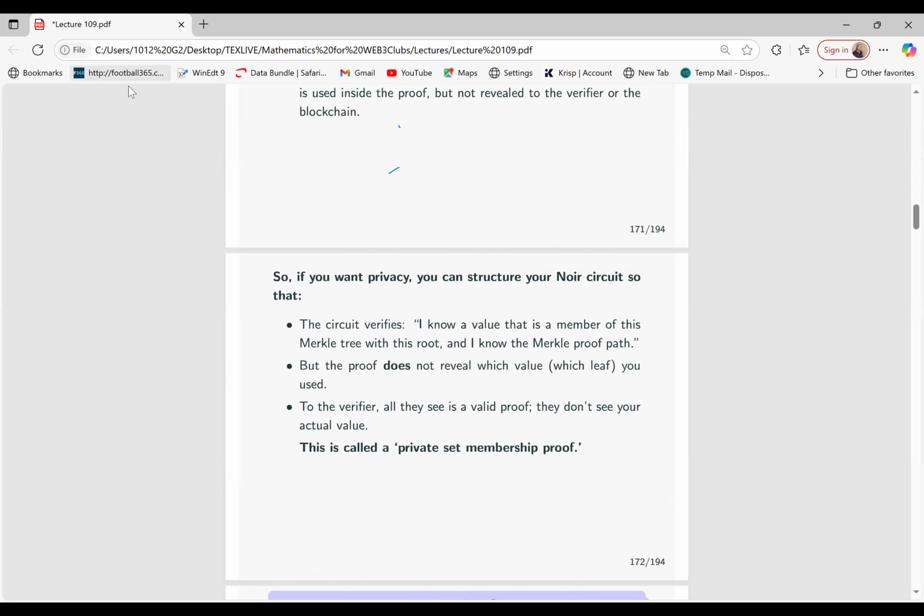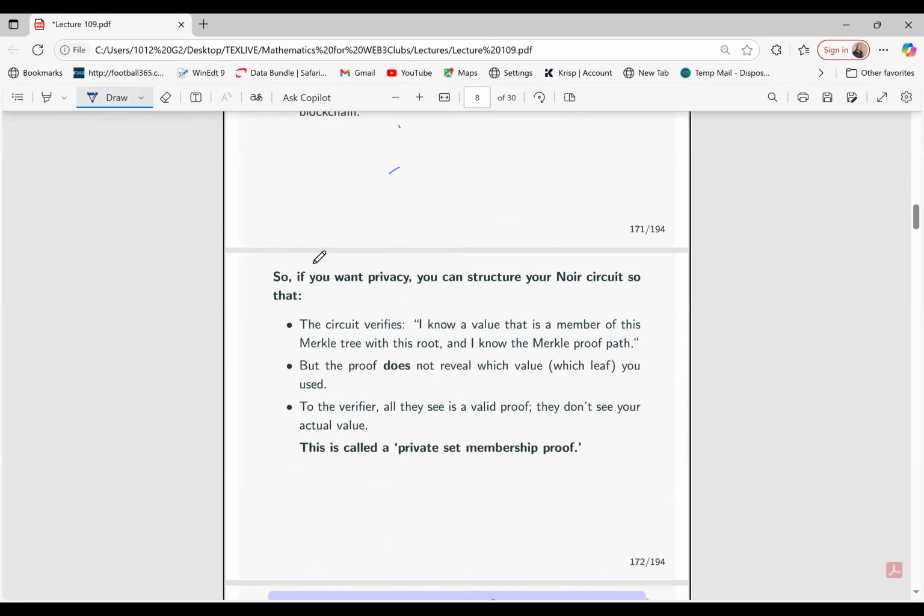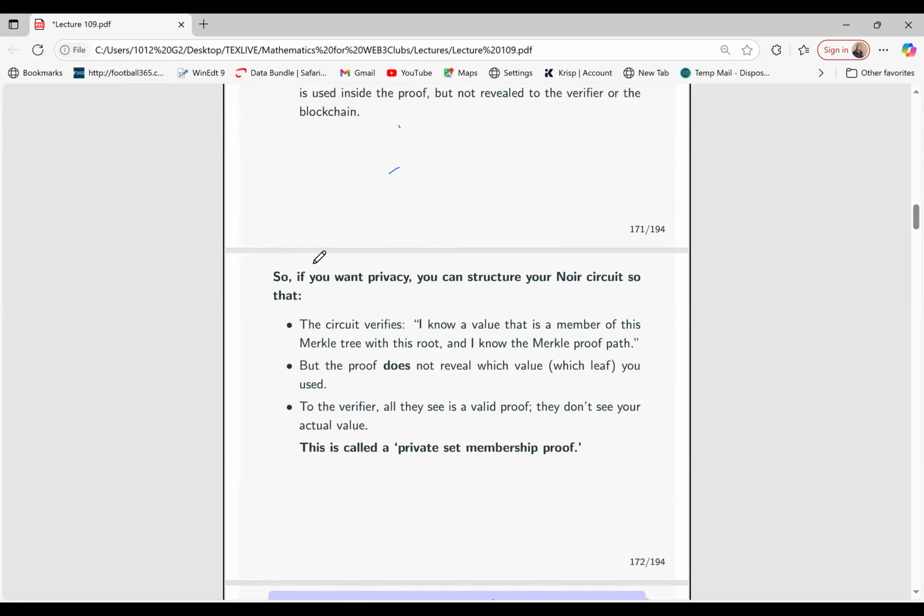If you want privacy, you structure your Noir circuit as we've been doing, such that the circuit verifies that I know a value that is a member of this Merkle tree with its root, and I know the Merkle proof path.